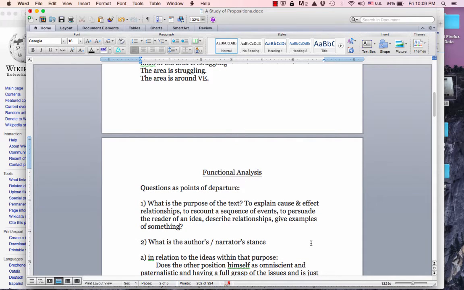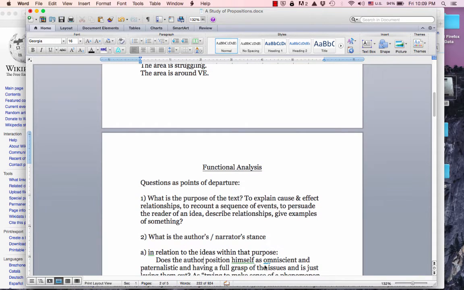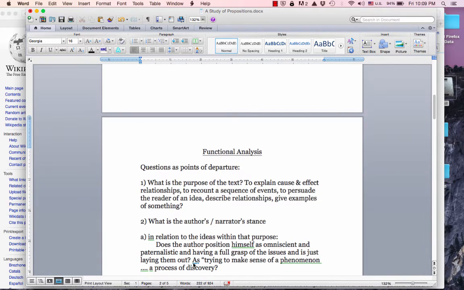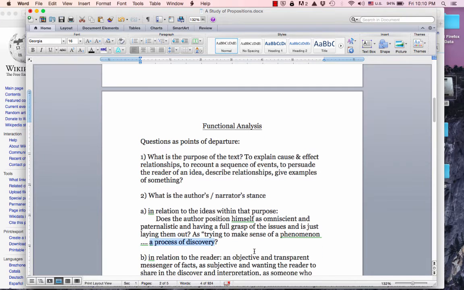Does the author position him or herself as omniscient and paternalistic and having a full grasp of the issues, and is just laying them out for us? Is that author trying to make sense of a phenomenon and is indicating to the reader, hey, I'm just trying to make sense of this. I'm a novice to this as you are, and therefore we together are in a process of discovery.